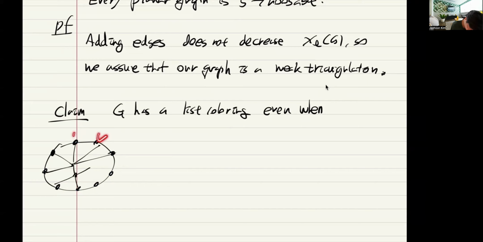What's list coloring? For each vertex, a list of colors is given, and we want to choose one of the colors for each vertex so that you get a proper coloring. In order to show that its list chromatic number is at most 5, we want to show that if every list has size exactly 5, then you can complete the coloring, no matter how the lists are given.